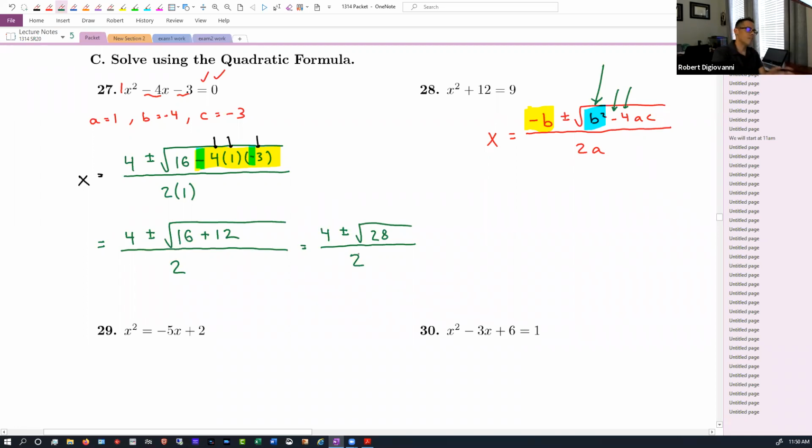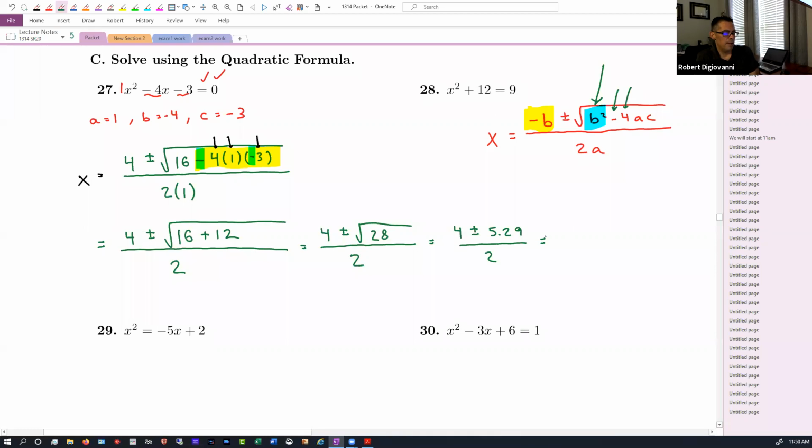And now this looks like a problem from earlier. So I'm just going to get on my calculator now, and I'm going to do the square root of 28. That's 5.29, so I'm going to say 5.29 over 2.